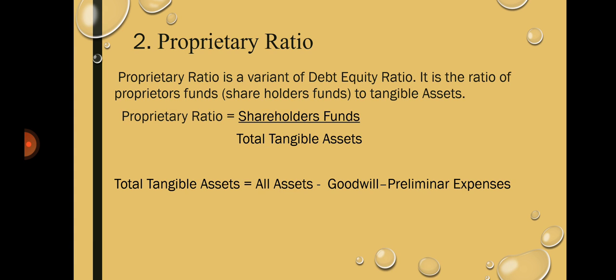Okay, whereas total tangible assets equal to all assets minus goodwill and preliminary expenses, or else all assets minus intangible assets. You will get the amount of total tangible assets. So shareholders funds to total tangible assets is the proprietary ratio. Proprietary ratio is the proportion between shareholders funds to total tangible assets.